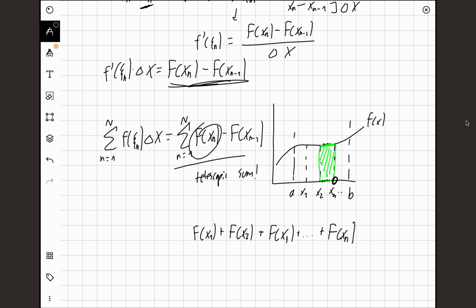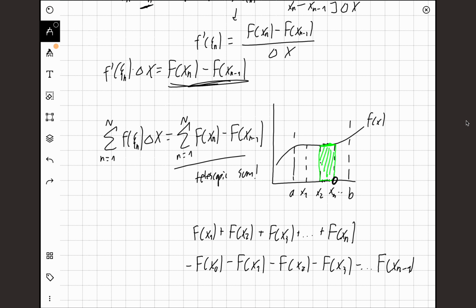If I apply the sum to the other term, I will get f of xn minus 1. So I'm going to get negative f of x0 when n equals 1, minus f of x1 minus f of x2 minus f of x3 all the way to minus f of xN minus 1, because obviously when I get to N, x will be N minus 1.